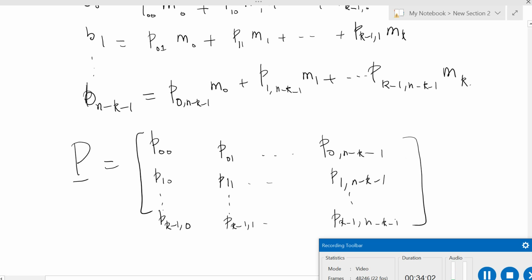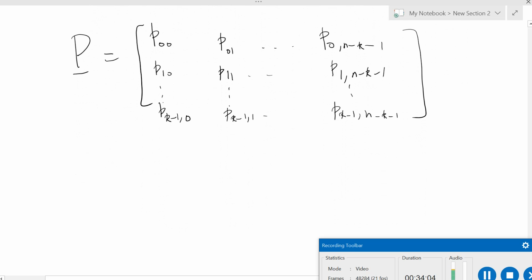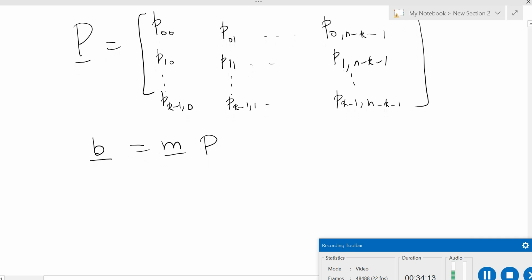Okay. Now you can see that the above relationship B can be written as M times P, right? Just if you check it, if you take M, M0, M1, Mk minus 1, and P00, P10, Pk minus 1 0, right?